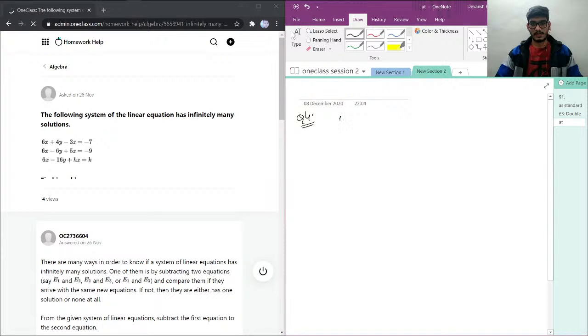So the condition is infinite solution of system of linear equations.